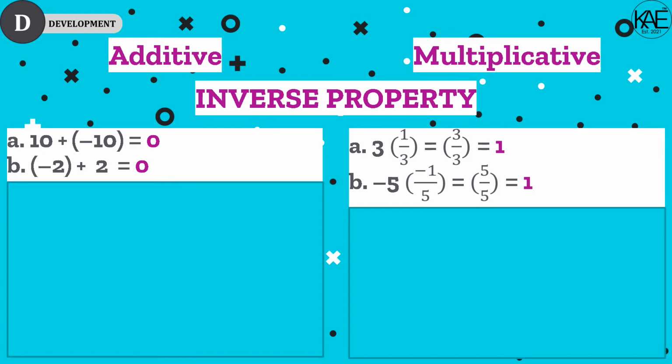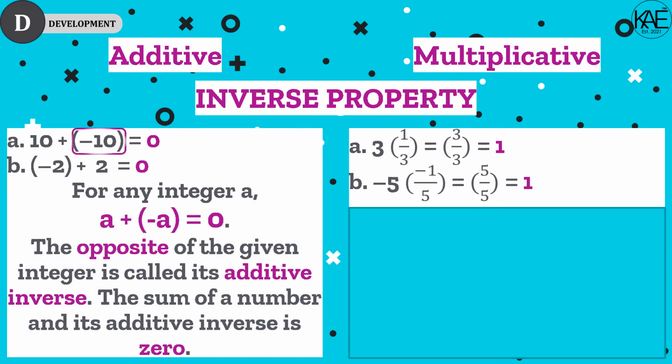The additive inverse property states that for any integer a, a plus negative a will always be equal to 0. The opposite of the given integer is called its additive inverse. The sum of a number and its additive inverse is 0.